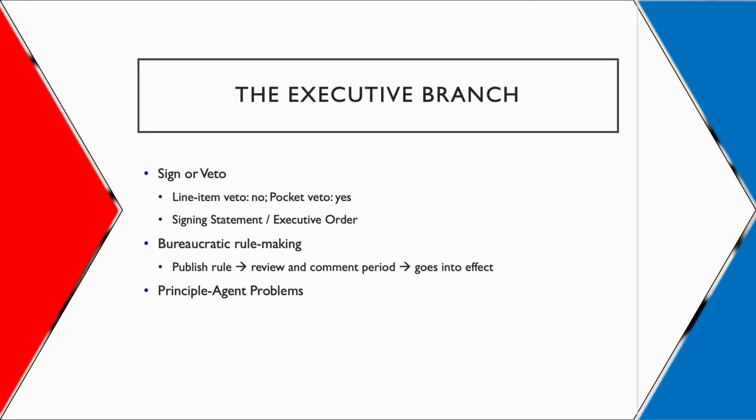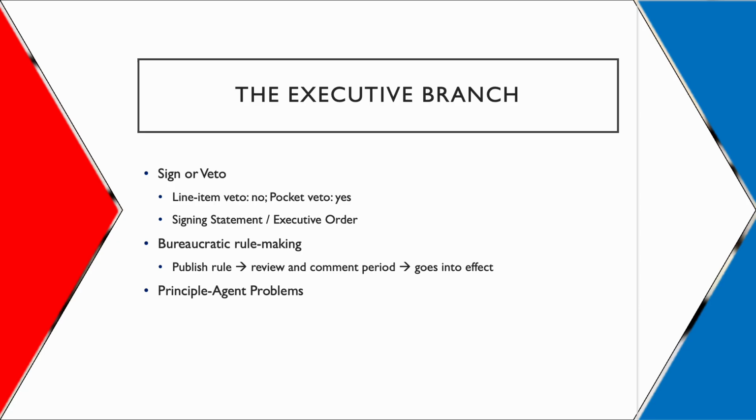So once the bill gets passed by Congress, it comes to the president's desk where the president gets to sign it or veto. Now, it's a full bill's up or down, right? The courts have ruled that the president does not have the power of a line item veto, where they could strike out specific lines from the bill, because that would give the president legislative power rather than just executive power.